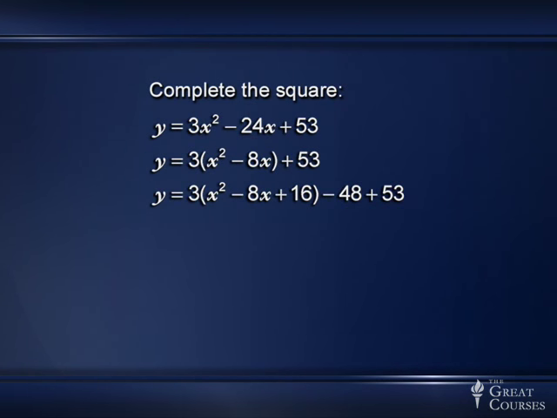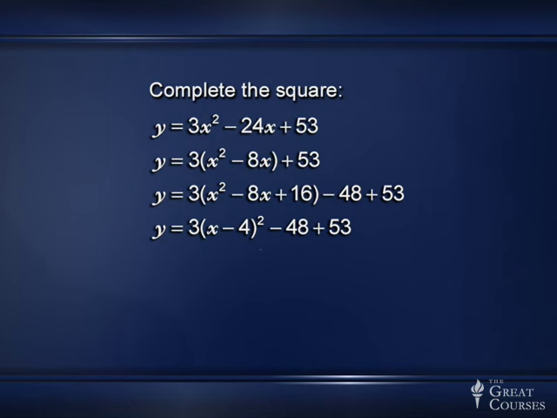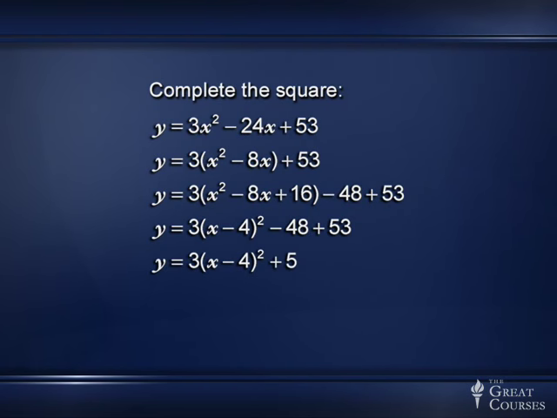So I must subtract a 48 in order to make everything balance. And that means after I rewrite the x squared and so on as a perfect square, I'm going to have 3 times the quantity x minus 4 squared minus 48 plus 53, or y equals 3 times x minus 4 squared plus 5.